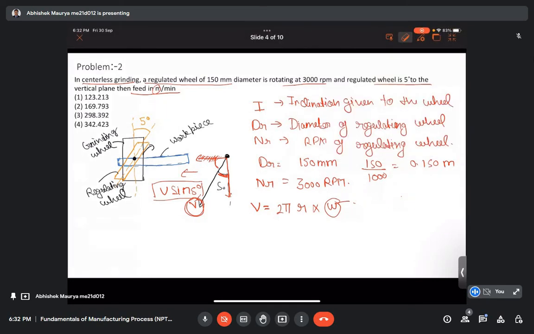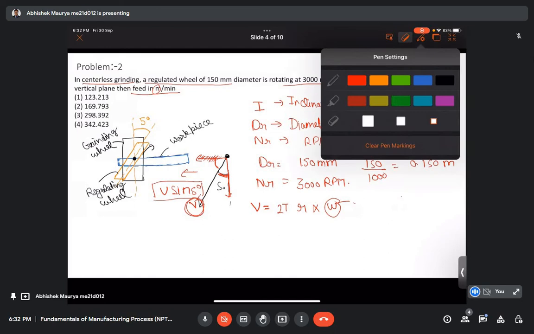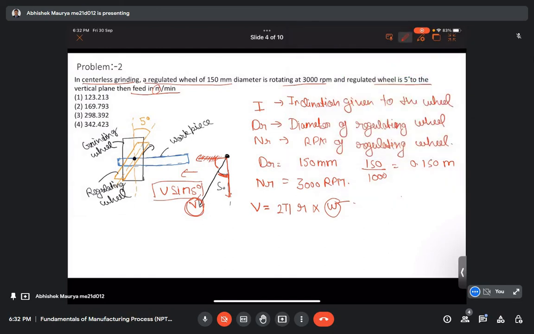This omega will be in rpm only, because in order to find the radian we multiply it by 2 pi. So 2 pi omega will be in rpm, and if we divide it by 60, then we will get the angular velocity of the wheel in radian per second.